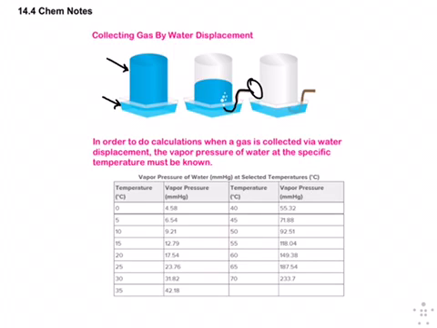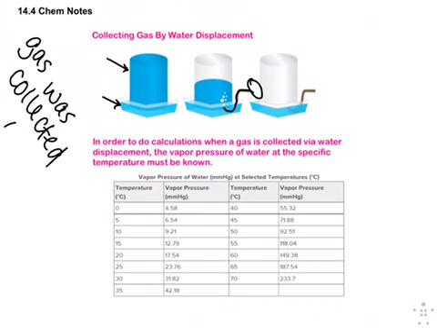So in order to do any sorts of calculations in which gas is collected via water displacement, in your textbook and in your problems, it'll say a gas was collected over water.